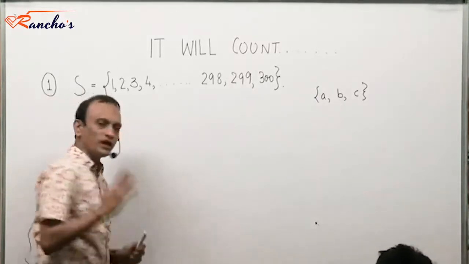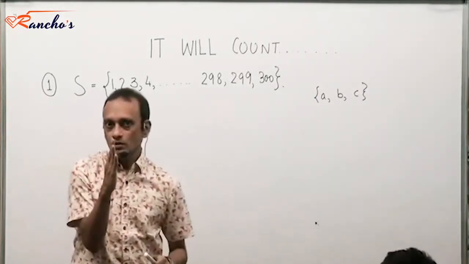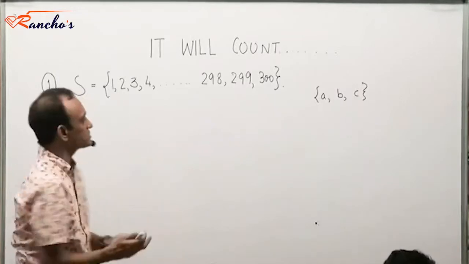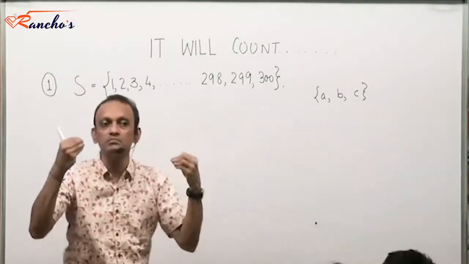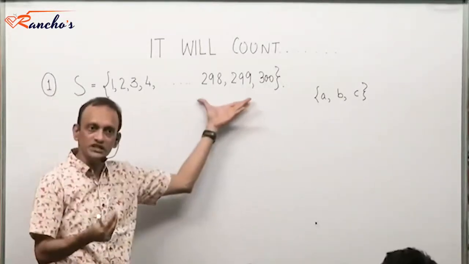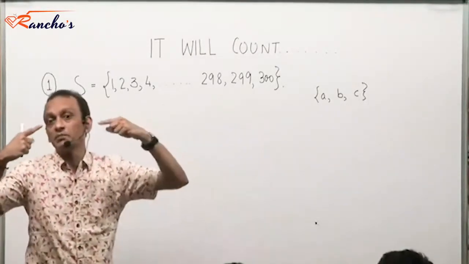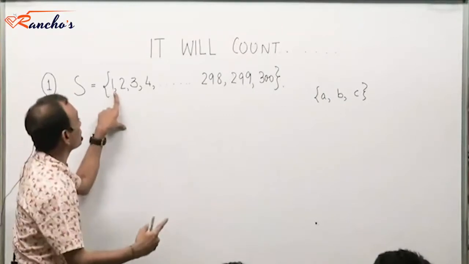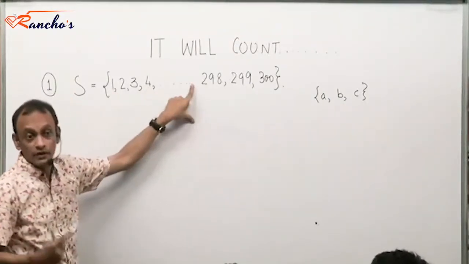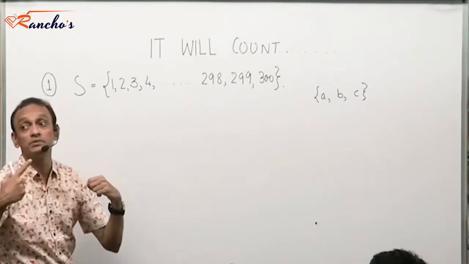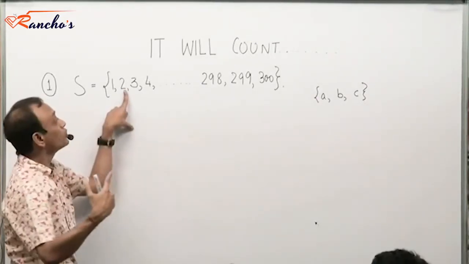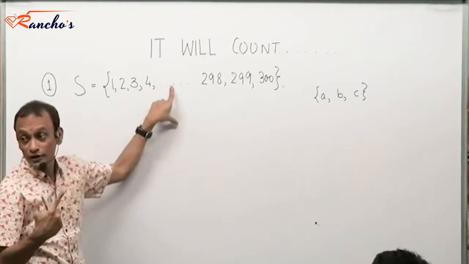Okay, what I do is I categorize these numbers. There are numbers that are multiples of 3 in the set. There are numbers that are multiples of 3 plus 1, for example 1, 4, 7. And then there are numbers like multiples of 3 plus 2, for example 2, 5, 8.